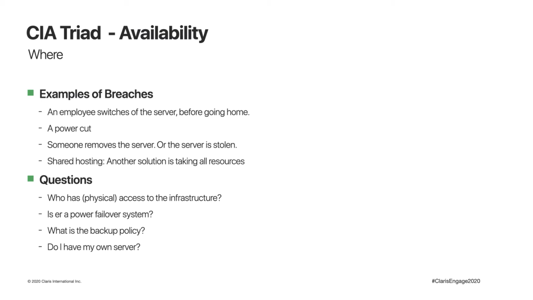So the questions we can raise is who has in fact physical access to the infrastructure? Is it arranged? Can everyone just go into the server room and switch off the power? Is there a power failover system? And what are the assurances there? How long? Is it just to close down the server, or can it keep up the server for many hours? What is the backup policy?